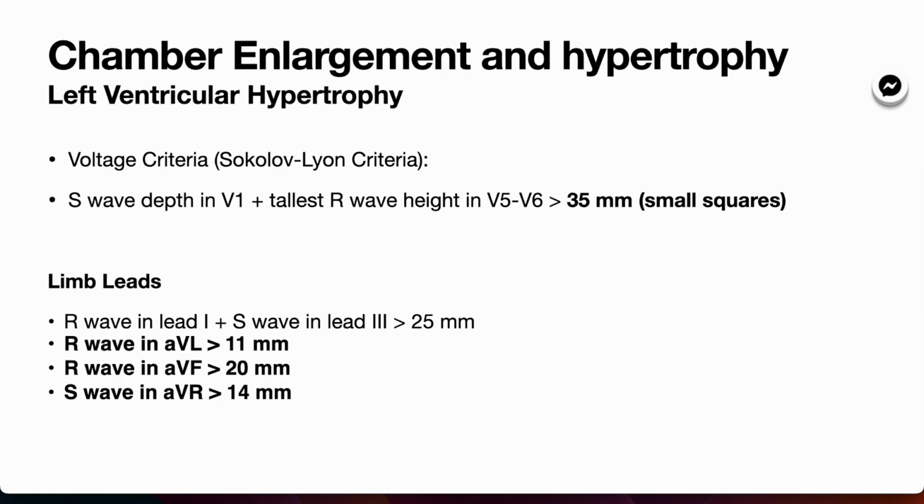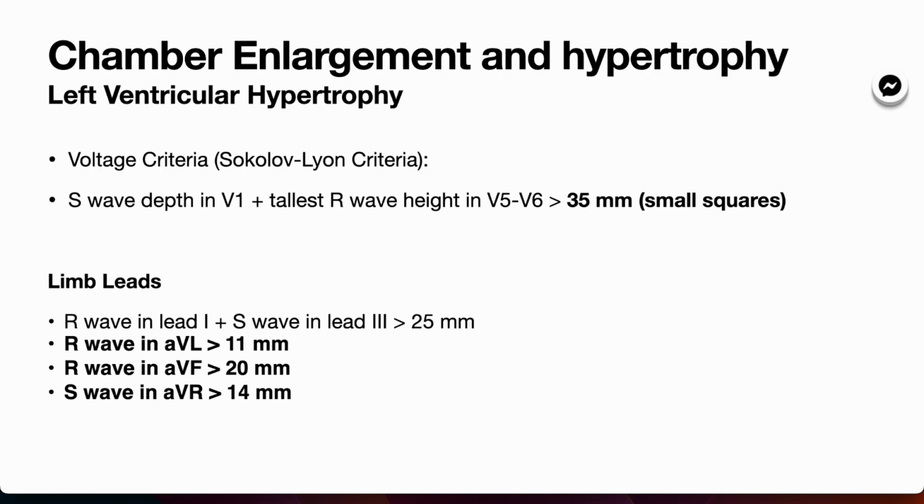We have a voltage criteria called the Sokolov-Lyon criteria, wherein you add the number of small squares in height of the S wave in V1 with the tallest R wave in V5 or V6. If it's more than 35 small squares, then you can say that the ECG tracing has a left ventricular hypertrophy.